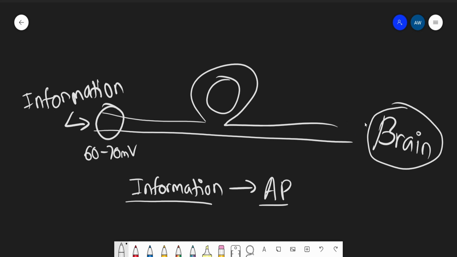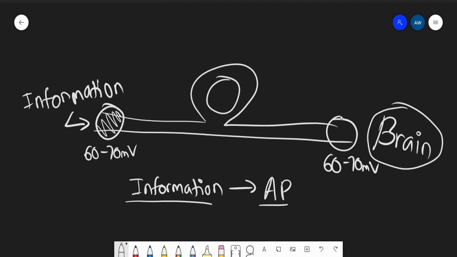Because right now the brain can't detect the action potential. It's all the way over here, right? We have to make it so that on this end of the nerve, we also have a 60 to 70 millivolt membrane potential.